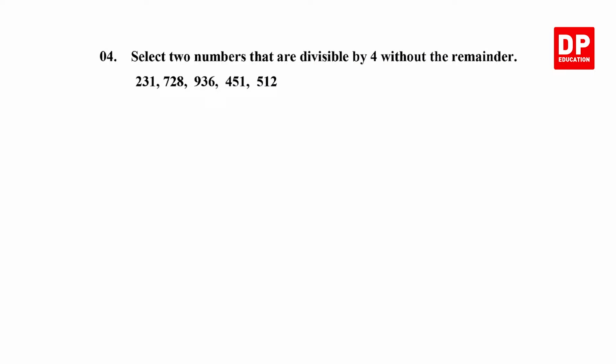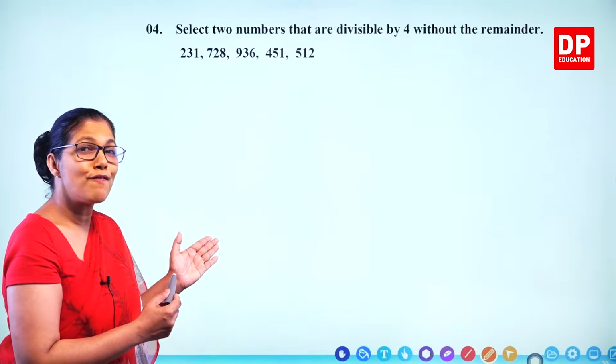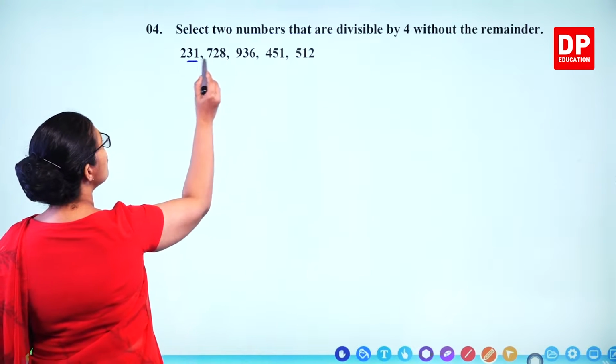Question number 4. Select 2 numbers that are divisible by 4 without a remainder. Can you remember how we identify whether a number is divisible by 4? You take the last 2 digits.